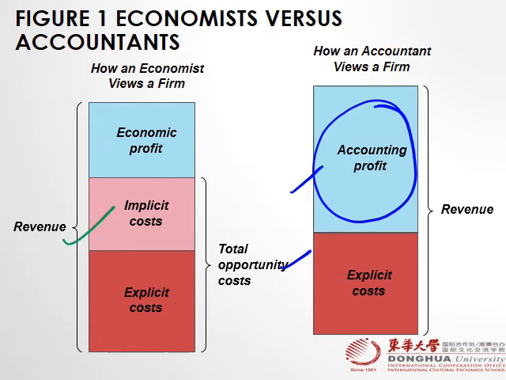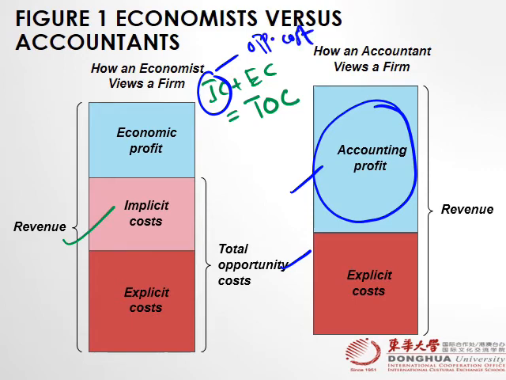So implicit cost plus explicit cost is called total opportunity cost. The individual name of implicit cost is opportunity cost, but all the cost which is implicit cost plus explicit cost, we call this total opportunity cost.